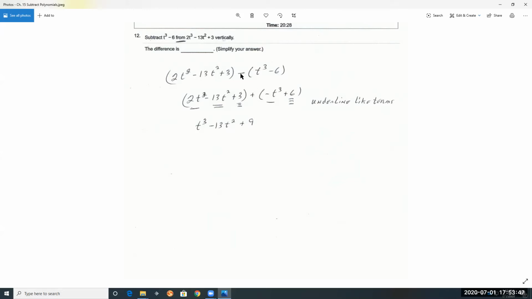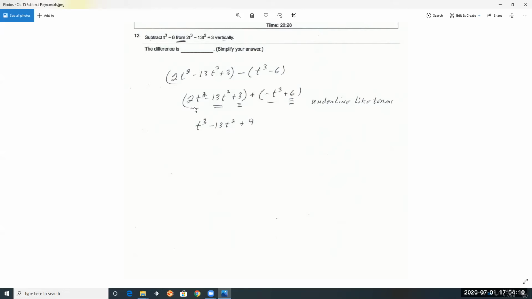The way we do subtraction is we change subtraction to addition if we take the opposite of what follows. So t cubed becomes negative t cubed, minus 6 becomes plus 6. We now would like to add. I like to underline like terms. So I'm underlining the t cubed terms.